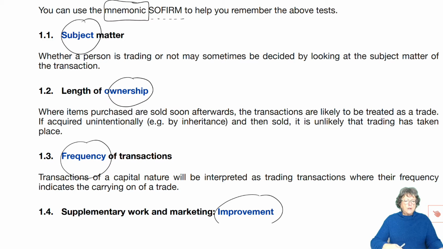So, subject matter. Is a person trading or not? You need to look at what is actually happening, what it is that is being traded. So what is the subject matter? Is it a house? Is it a piece of land? Is it a piece of art? Is it something you've made? You need to look at that.